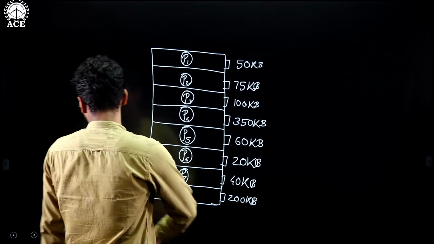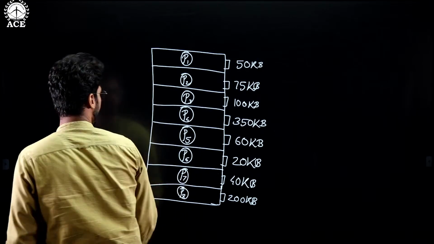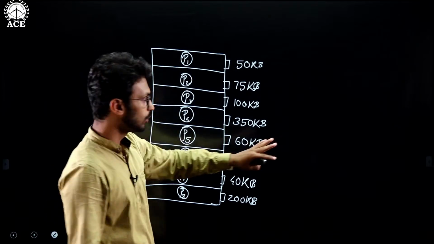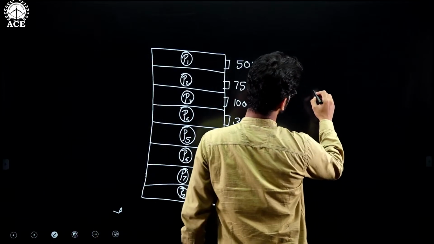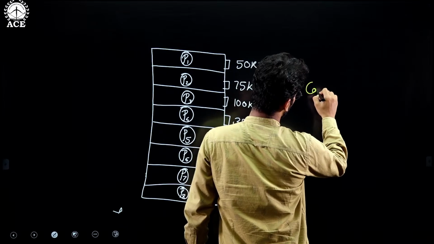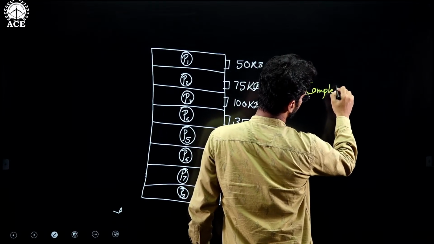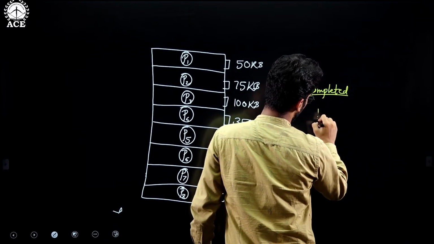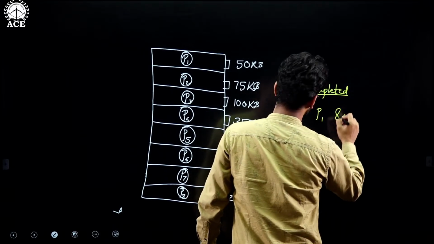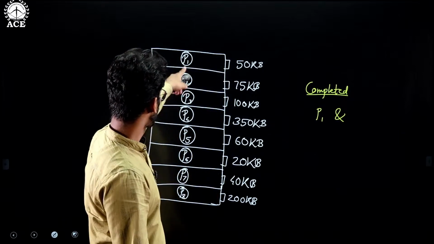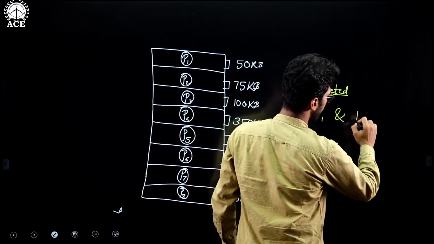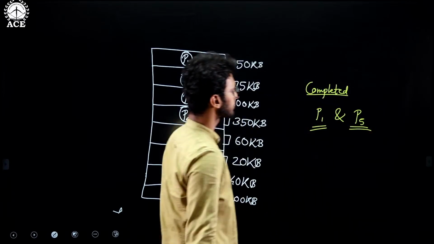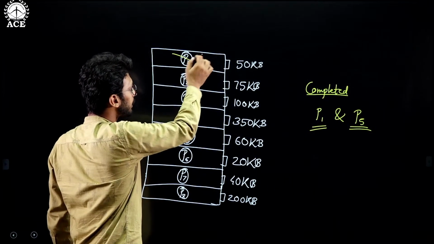Now observe that, let's say process P1 went to completion, and P5 also. P1 and P5 got completed. It means they are no longer in the main memory right now.